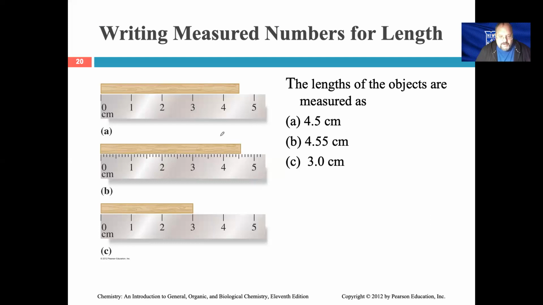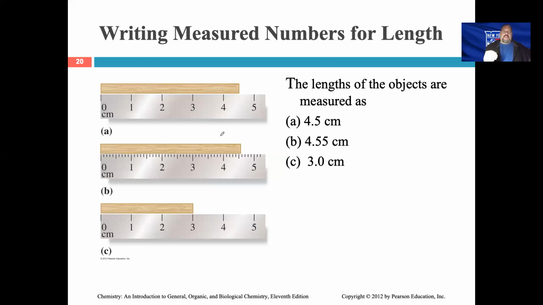On C here, now the measurement falls right on a marking. If the measurement falls right on a marking, the way that we indicate that to the reader is we give a 0 as the final digit of that number. So notice that we didn't just write 3 centimeters here, we wrote down 3.0 centimeters. And that would tell whoever's reading this that they believe that the wooden stick, whatever they were measuring, fell exactly at 3 centimeters, 3.0.